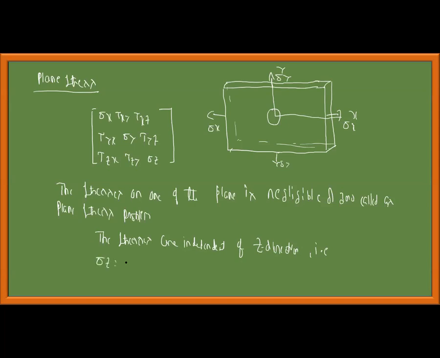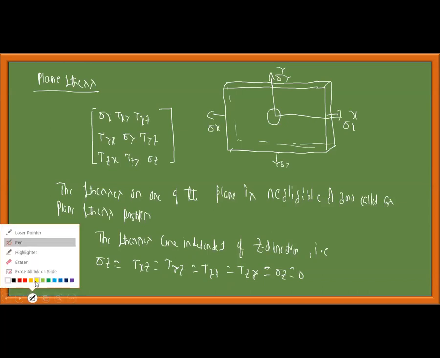Sigma z is equal to tau yz, which is equal to tau zx, which is equal to tau zy, and also tau xz, all equal to 0.